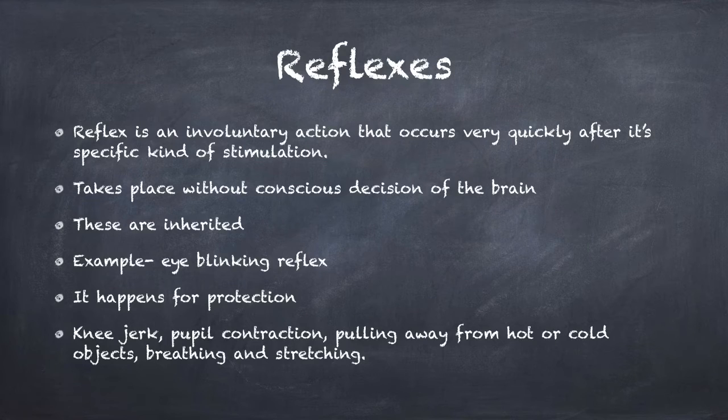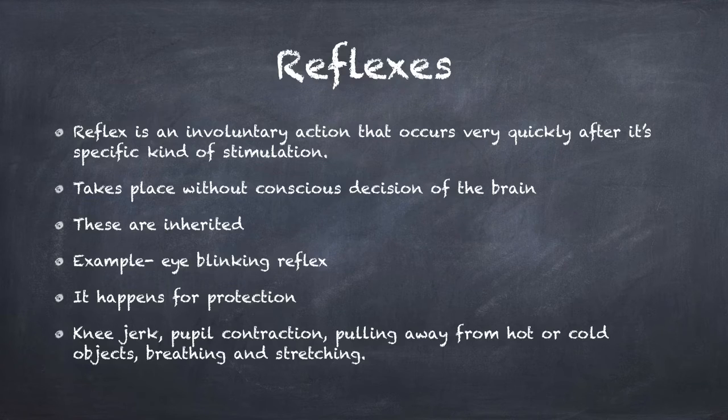Reflex is an involuntary action that occurs very quickly after a specific kind of stimulation. Reflex action happens automatically without conscious decision of the brain. It doesn't include the conscious decision of the brain, so it just happens, it's very automatic.